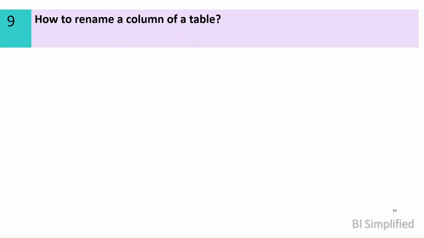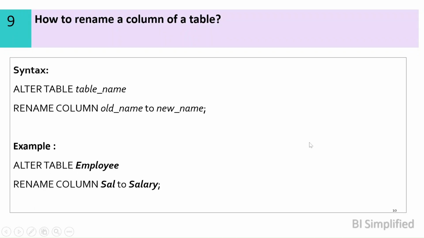The next question, how to rename a column of a table. So here you have to write a SQL, and the syntax is to rename a column of a table, you have to use ALTER TABLE, then you specify the name of the table, after that RENAME COLUMN, and then you specify the old or existing column name TO the new name.